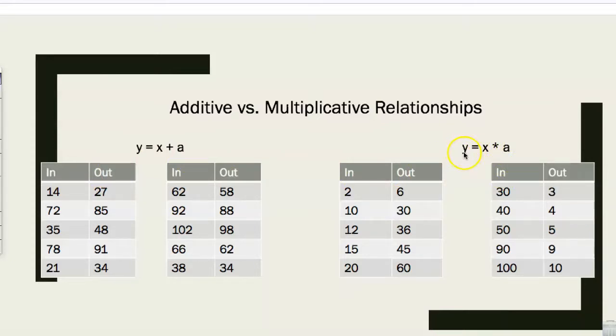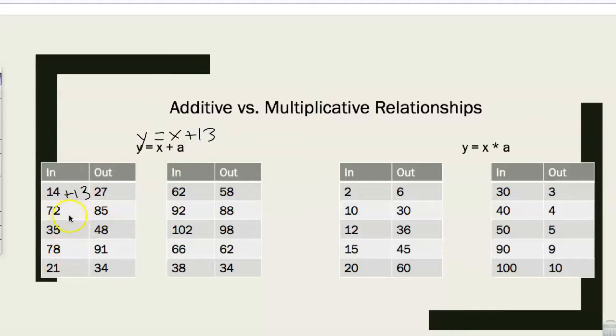I could do that, but that would be a super complicated decimal, which I don't want to get into. But let's see if there's an easier way. What's the difference between 14 and 27? AKA, we are adding 13. So that would mean y equals x plus 13.